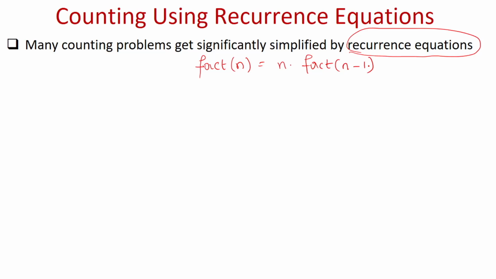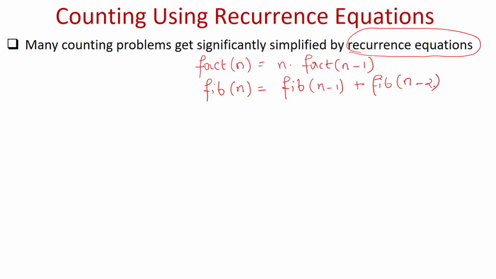In that sense, it's a recurrence equation. Similarly, we are all familiar with the famous Fibonacci function, where the nth Fibonacci number is the sum of the (n minus 1)th and (n minus 2)th Fibonacci numbers. Again, this is an example of a recurrence equation.